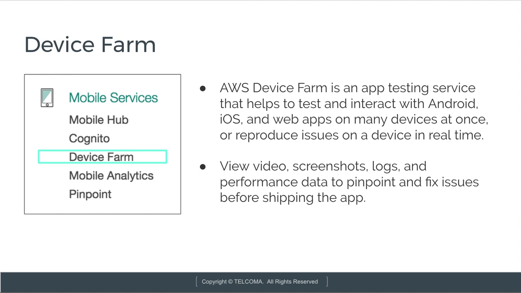It helps you to test and interact with Android, iOS, and web apps on many devices at once. We can reproduce issues on devices in real time. We can view video, we can view screenshots, test performance data, and also we can fix issues with this Device Farm. So this is basically a testing application service.